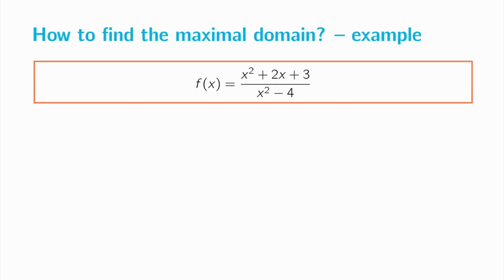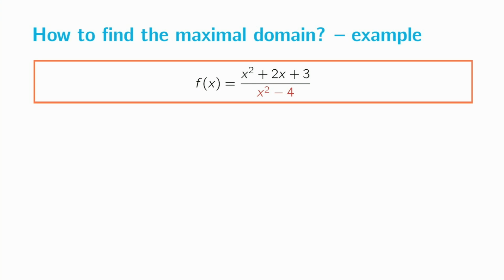Let us consider a more difficult example given by the rational function f of x on the screen. The numerator is defined for all real numbers x and yields no problems. Since one is not allowed to divide by 0, we need to exclude all real numbers x for which the denominator x squared minus 4 equals 0.